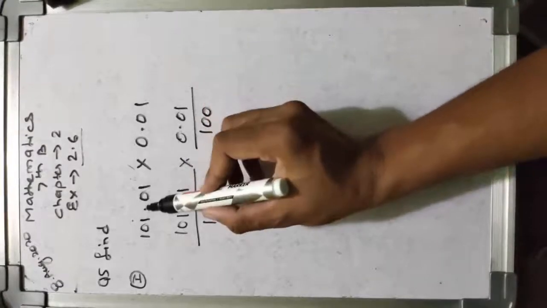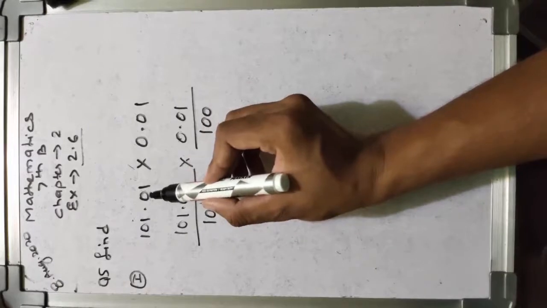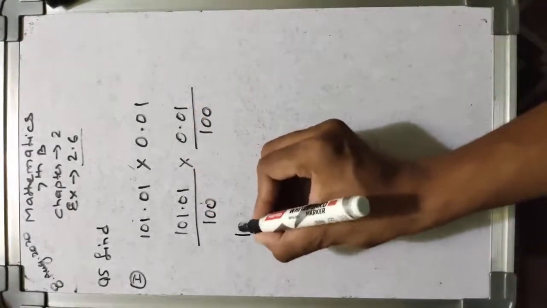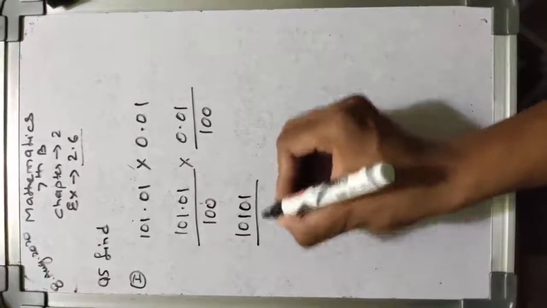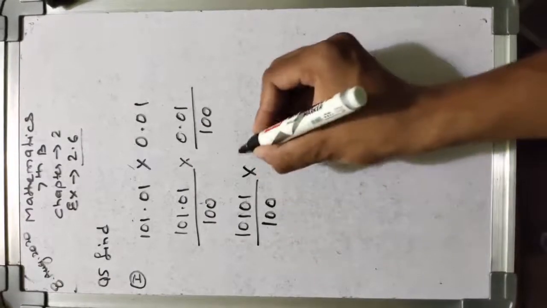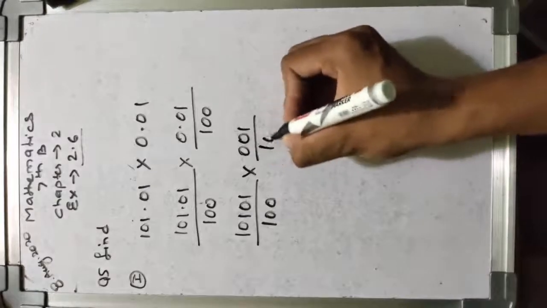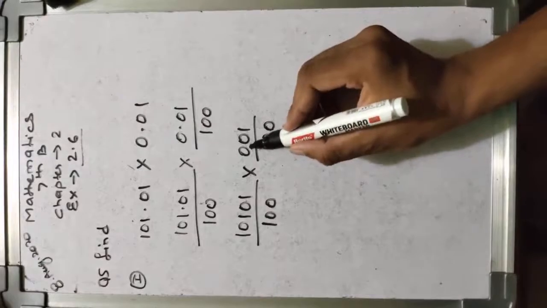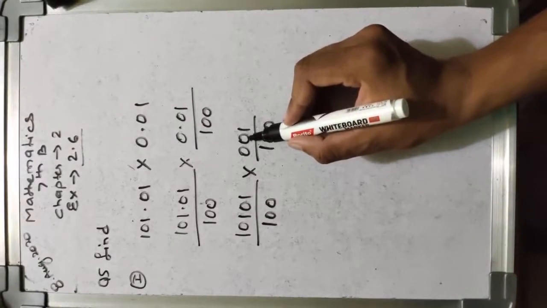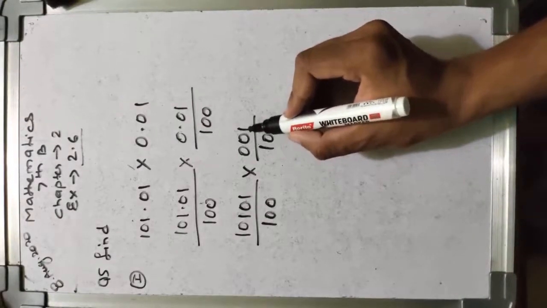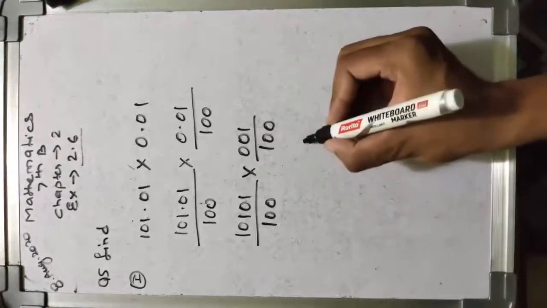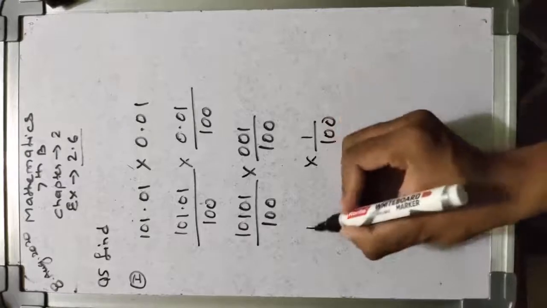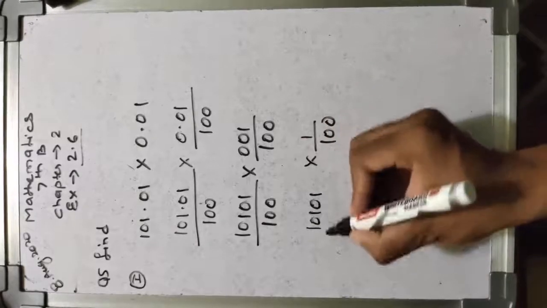Because after the decimal there are two digits, 0 and 1, and here also 0 and 1, so it will become 101 upon 100 multiplied by 001 upon 100. I told you zeros before a natural number have no value, so this will become 1 upon 100, and this will become 101 by 100.